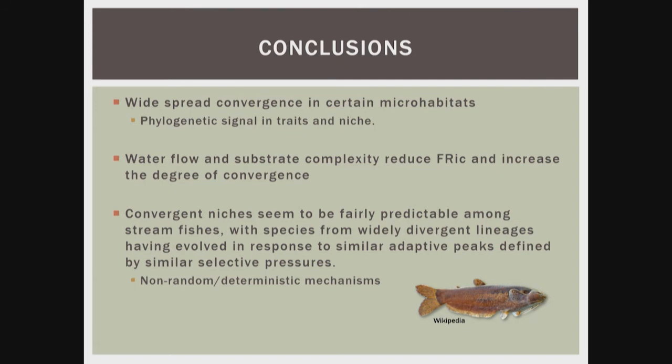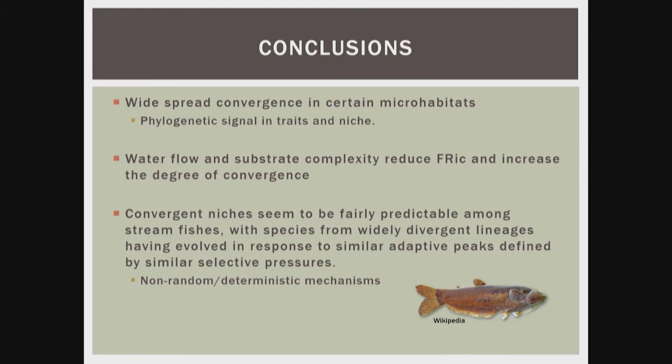I also didn't show this, but I saw a lot of phylogenetic signal in these traits, and this suggests that there is phylogenetic niche conservatism or some kind of evolutionary constraint acting upon these assemblages as well. And that water velocity and structural complexity tend to reduce this functional richness and increase the degree of convergence.